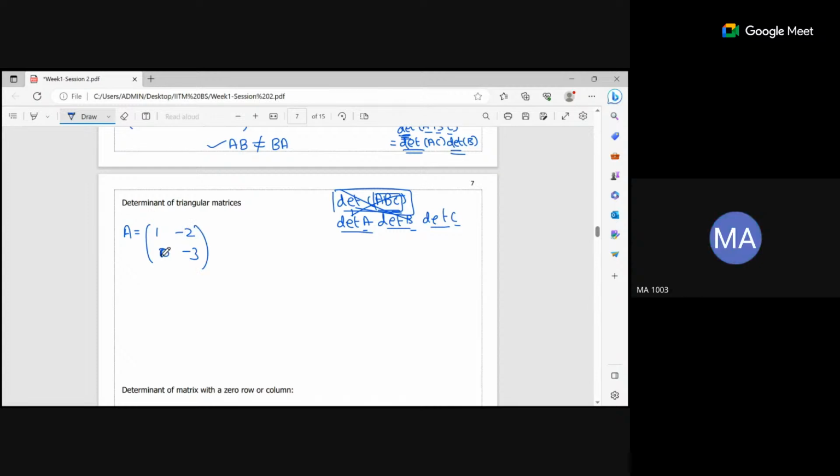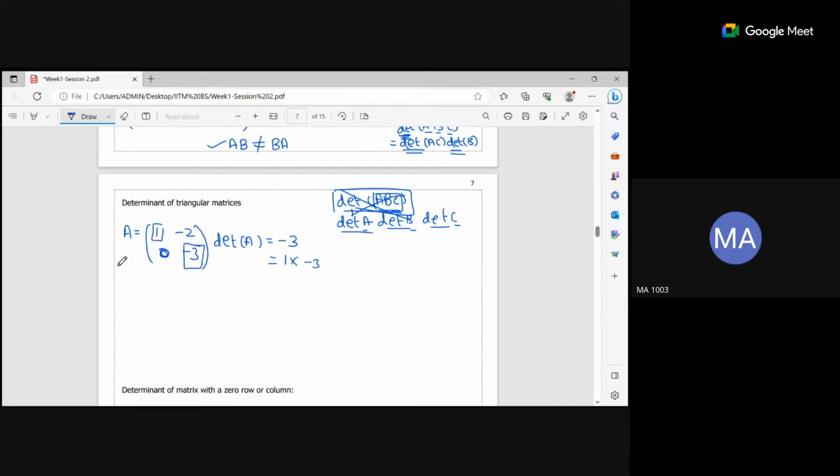So what is the determinant of A if you are just calculating it using the formula? Minus 3. So this is 1 into minus 3, that is the first diagonal entry into the second diagonal entry. Note this one.